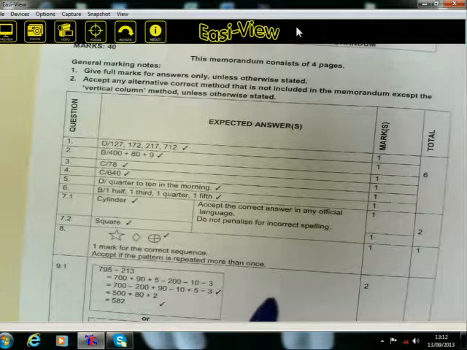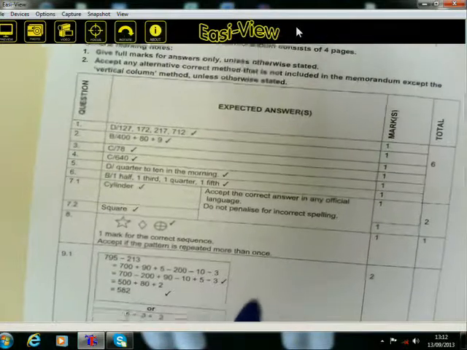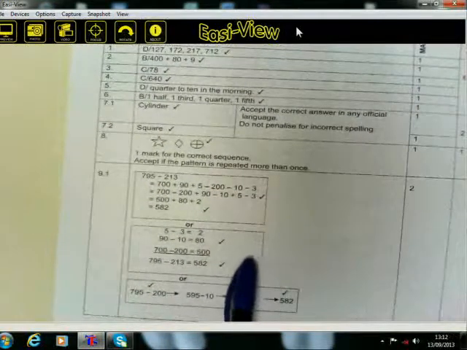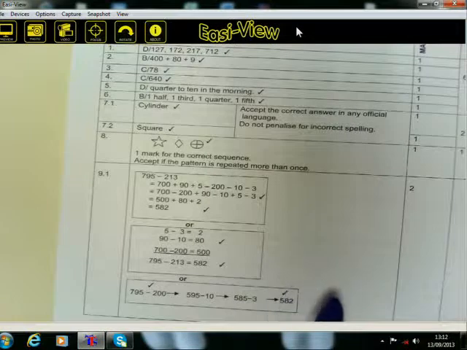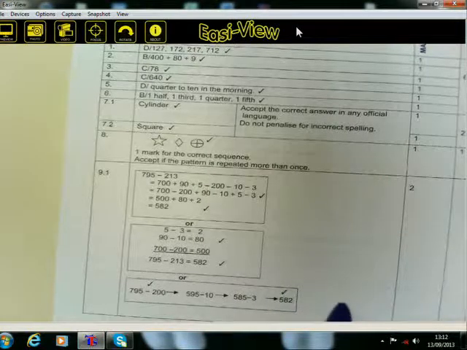Then we get to question 9. Calculate each of the following using the breaking down method. Here it's like expanded notation the learner has to use. There are 3 examples that we can allocate marks.